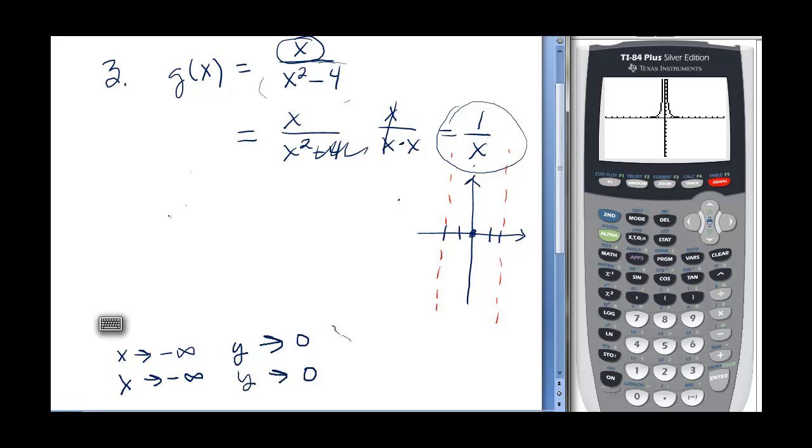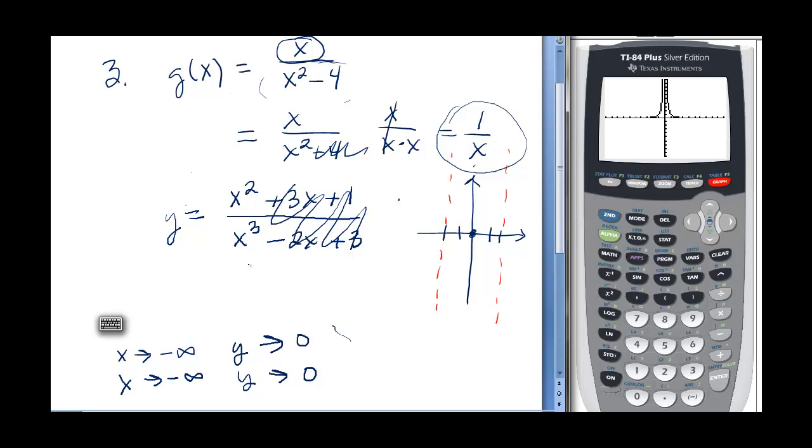So if I had something like y is equal to x squared plus 3x plus 1 over x cubed minus 2x plus 3, when x gets really, really big, all of the other stuff doesn't matter anymore because we're talking about really big numbers.